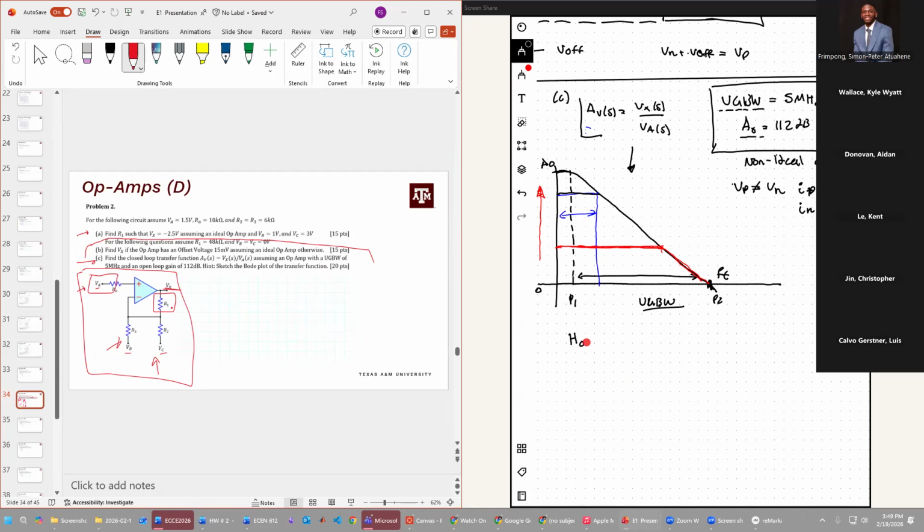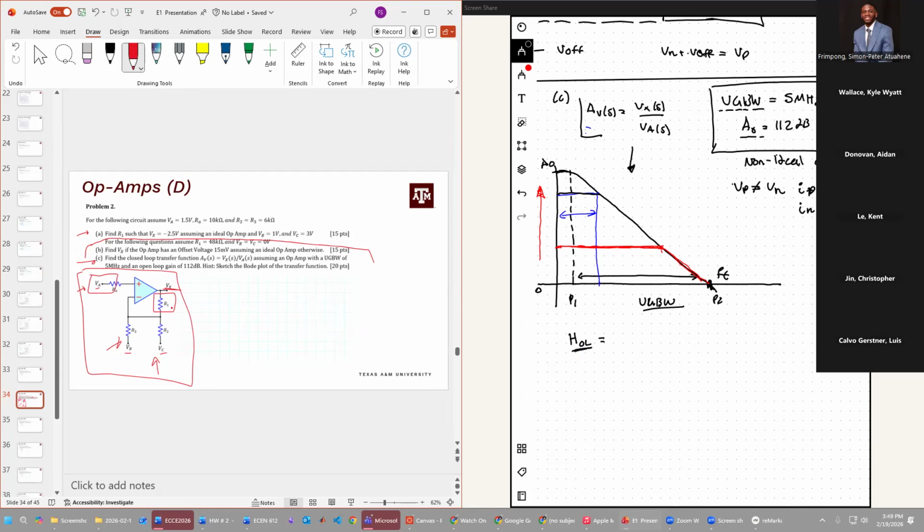There's the open loop transfer function that we can derive, and then there's the closed loop transfer function. We can derive the closed loop transfer function from scratch by analyzing the circuit, but if I'm not mistaken, there is a shortcut that uses the open loop transfer function. But I don't remember the equation. I have to go through the notes, but I'm pretty sure there is a fast track to getting the closed loop transfer function.